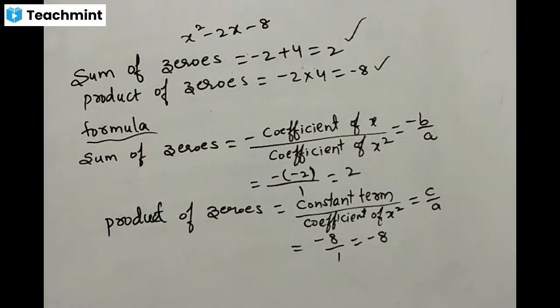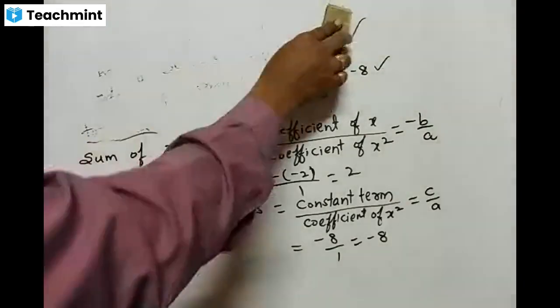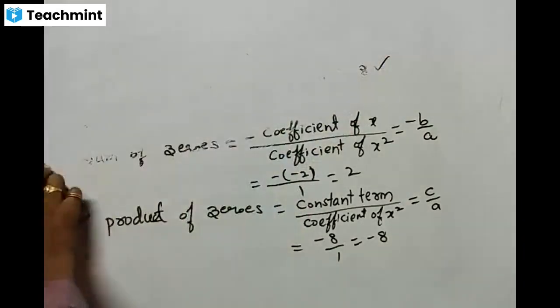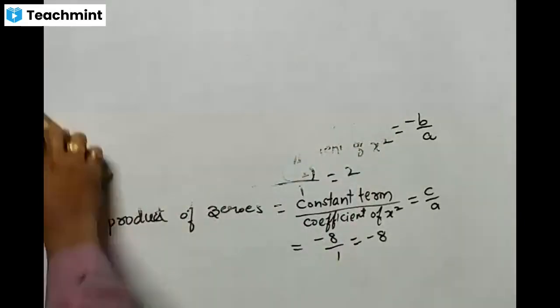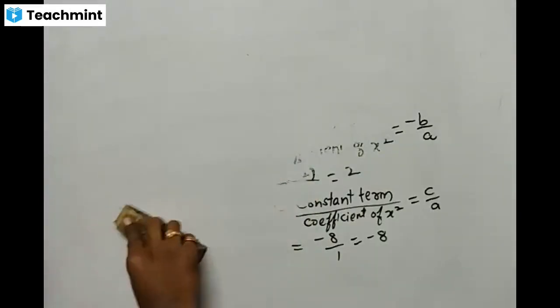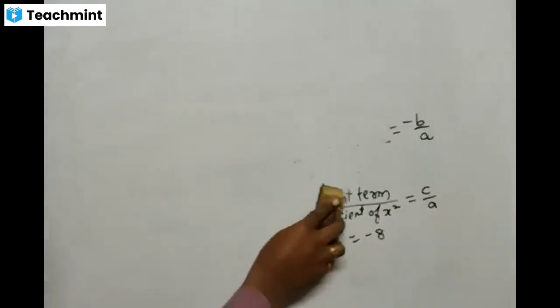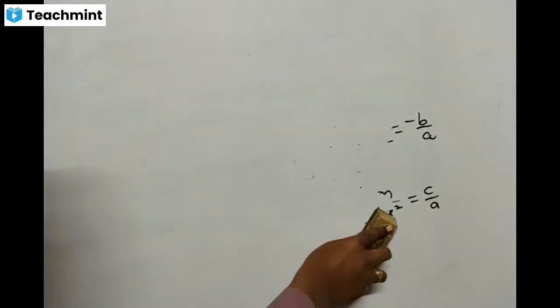Yes, sir. Answer is 1 by 2. Sir, sum of zeros 4 by 4, sir. That is 1. Product of zeros 1 by 4, sir.